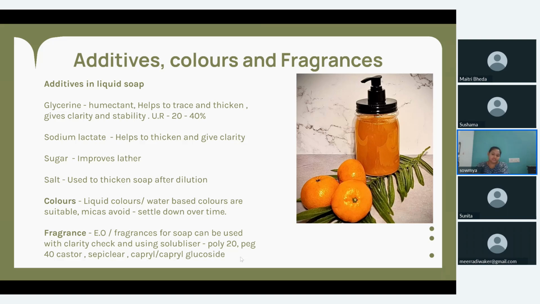So other natural options, you have the Sepiclear and Caprylyl glucoside. Those you can use as a solubilizer. Even Olivem 300, if you have, you can use for solubilizing your fragrance and essential oil.